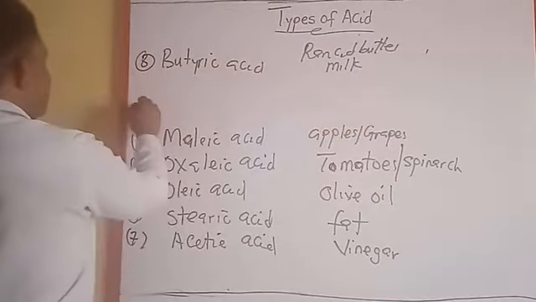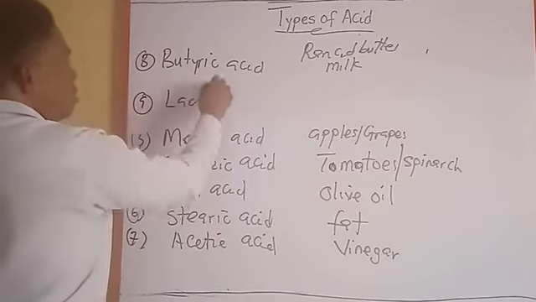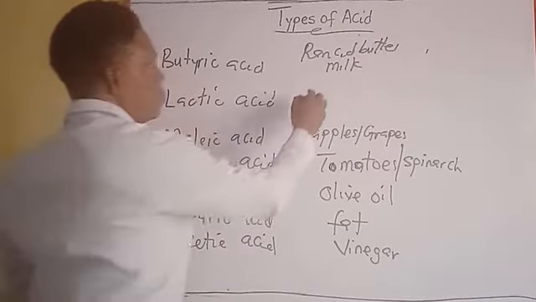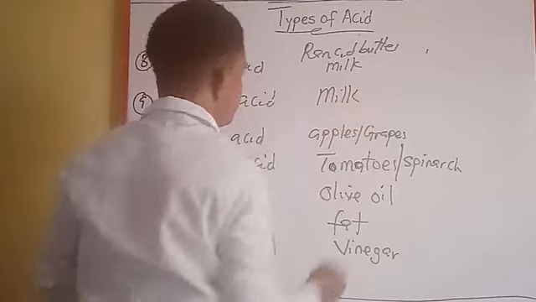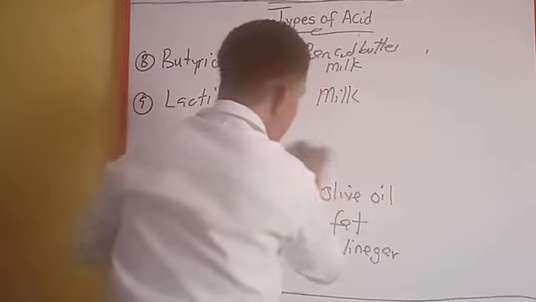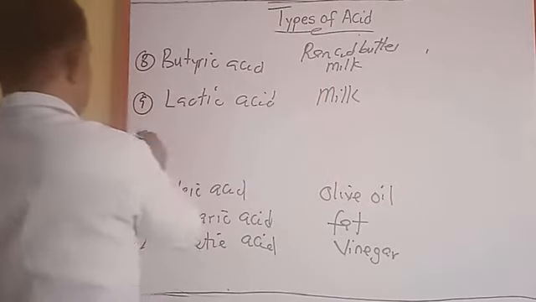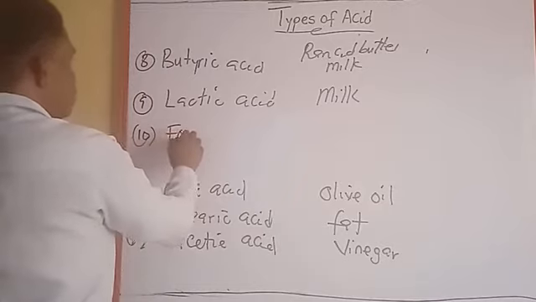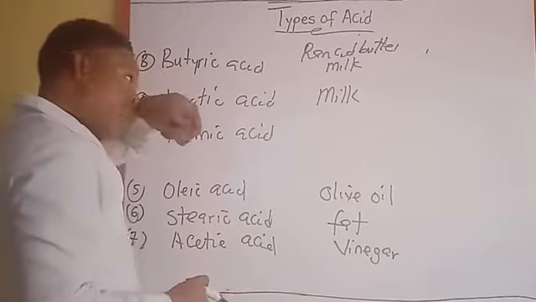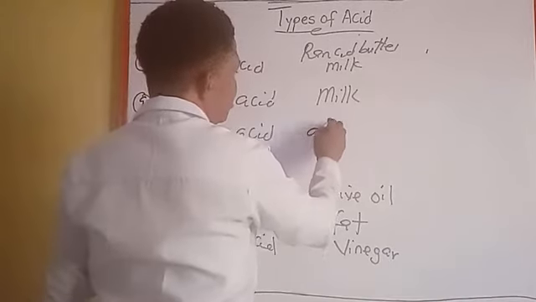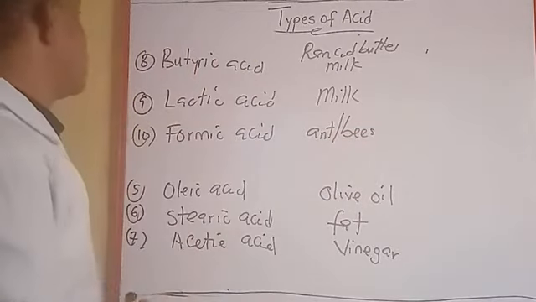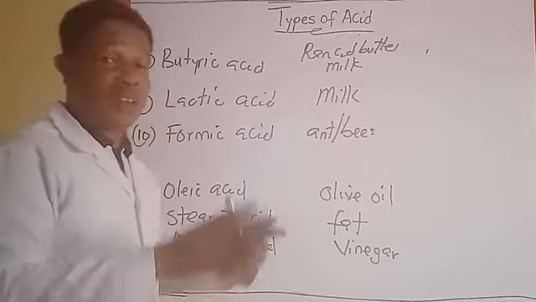It's an organic acid. Lactic acid can be found in milk. Then number 10, which is the last one, is formic acid. Formic acid can be found in ants, or you get it in bees. These are the various organic acids and their sources.